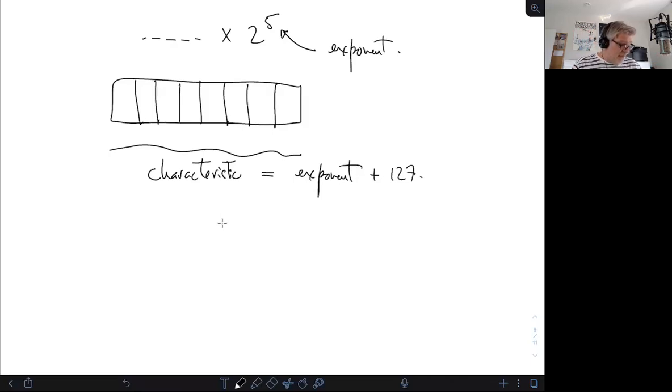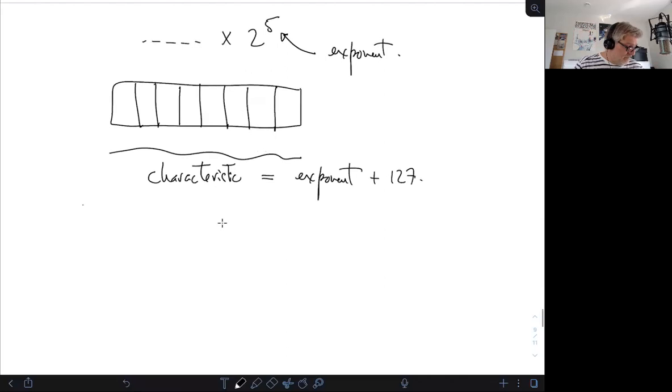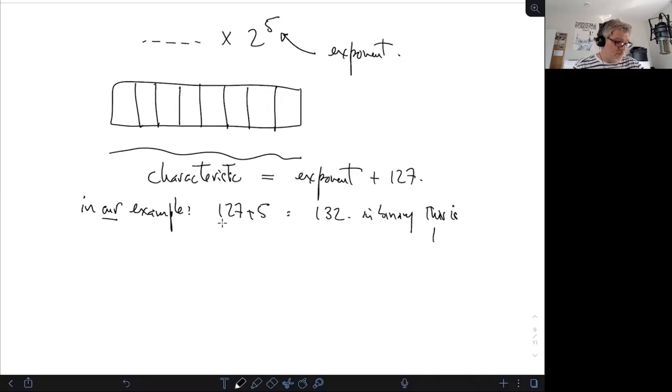Now it means that in our example, I've got 127 plus 5. This is 132, right? You write that in binary. That's 128 plus 4.